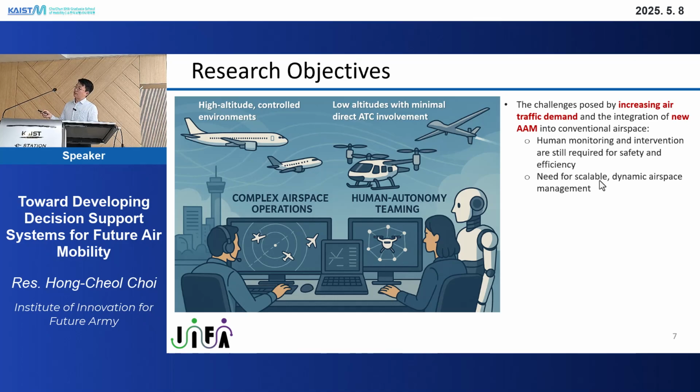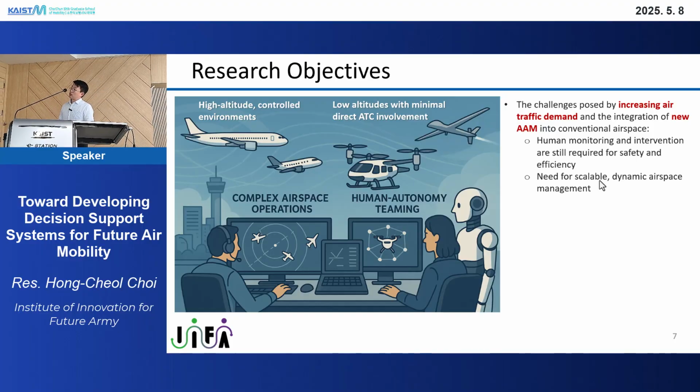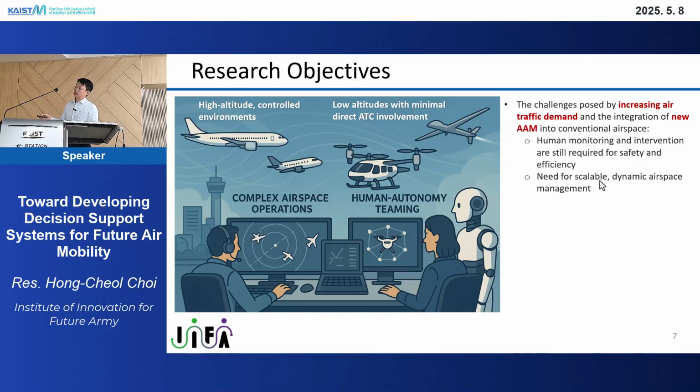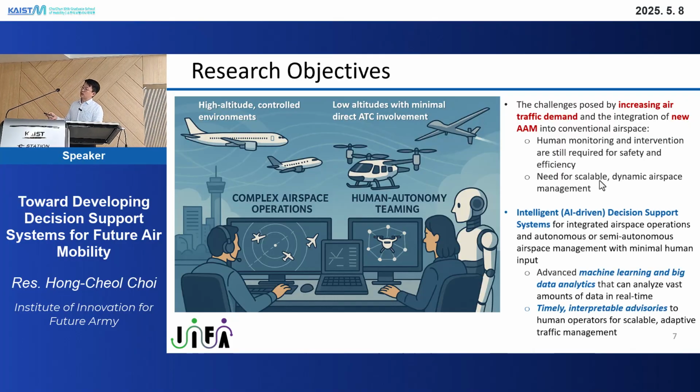But we still need improved traffic management to cover a quite large number of drone or UAV operations. So in order to assist these human operators, it requires an intelligent decision support system for this integrated airspace operation from low altitude to high altitude. We can take machine learning or big data analytics approaches for this, especially real-time and interpretable ones, because typically machine learning, like a neural network, cannot exactly expose its reasoning process or how it makes a decision.